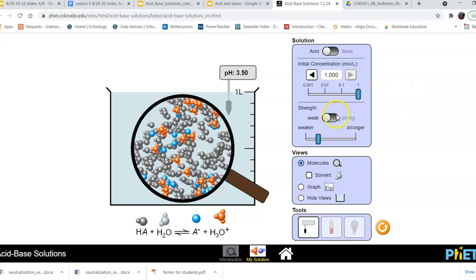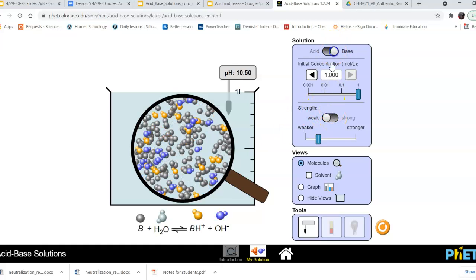The same thing applies for bases, right? Let's start with a weak base. In a weak base, again, you're increasing the concentration of the base. According to Le Chatelier's principle, the equilibrium shifts this way. As the equilibrium shifts this way, you're actually increasing the concentration of OH, right?